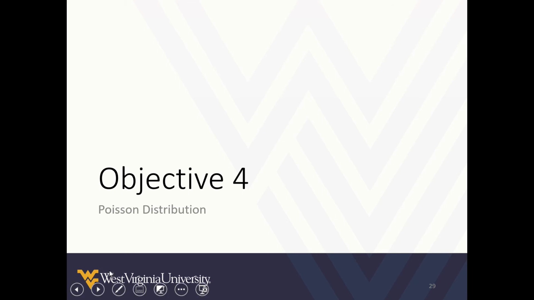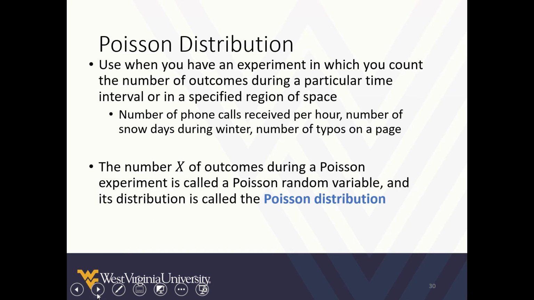This brings us to our third distribution of interest, which is the Poisson distribution. And this also has an extension to the binomial distribution, or at least a connection, although right away it's not always obvious.